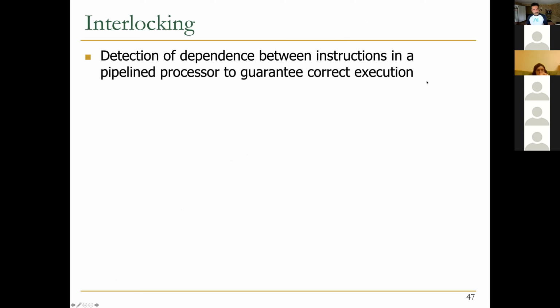Detecting the dependency between instructions, as you know, guarantees the correct execution, and we discussed why and how.